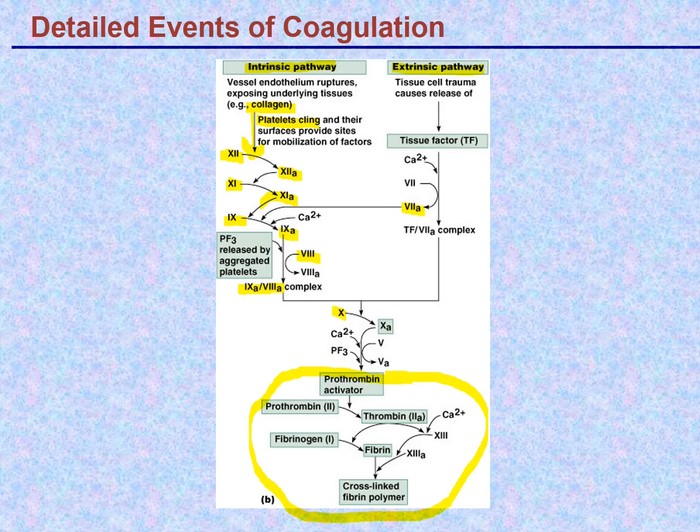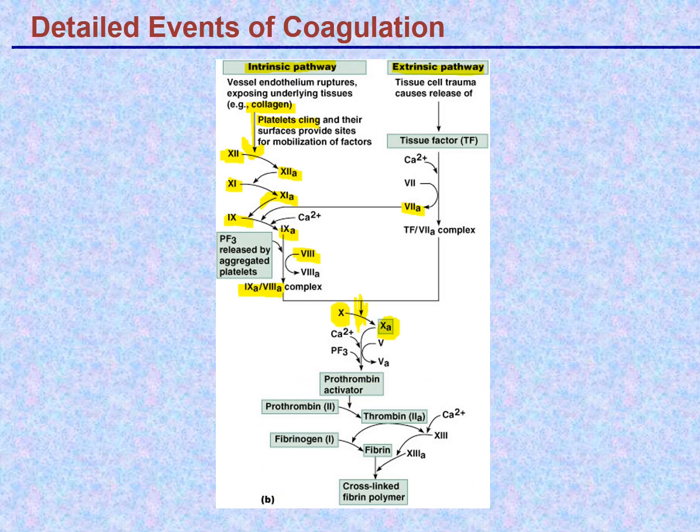So in terms of the sequence of numbers, with the intrinsic pathway activated by collagen fibers that are exposed underneath the endothelial cells, you get platelet plug and activation of 12. So you get 12, 11, 9, 8, and 9 and 8 together will activate 10. Okay, so at this point there's the active factor 10.